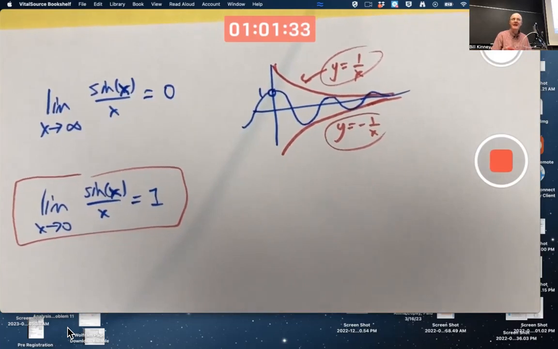I'm saying it seems to be true based on numerical evidence. Later on in the course, when we talk about L'Hopital's rule, we will prove it's true. There are geometric arguments you can give for it as well, but we're not going to do that, based on the unit circle definition of the sine function and thinking about right triangles and that kind of thing.